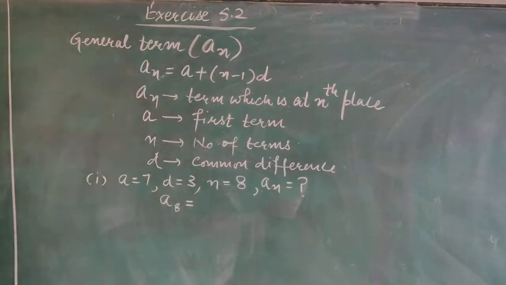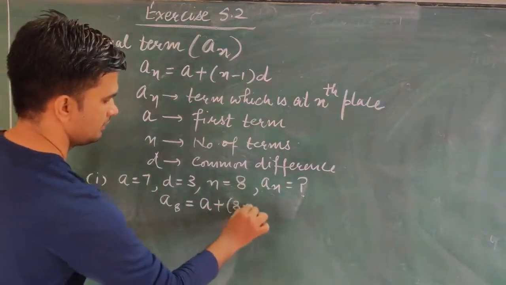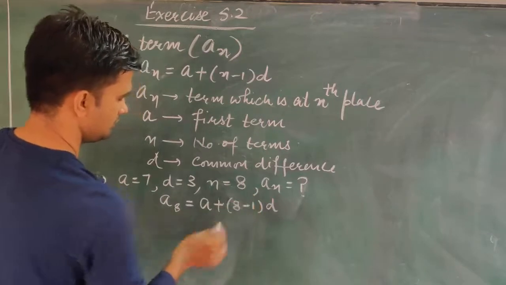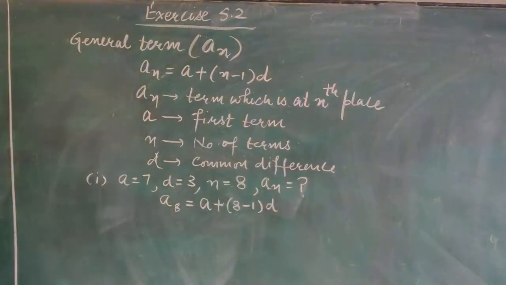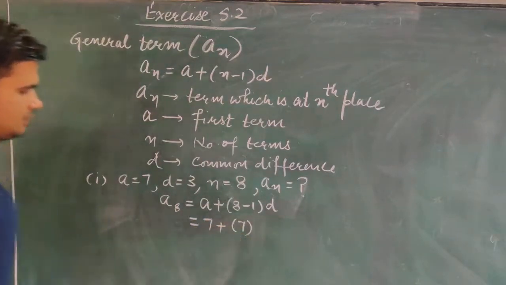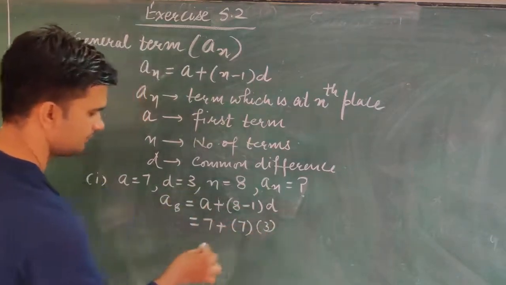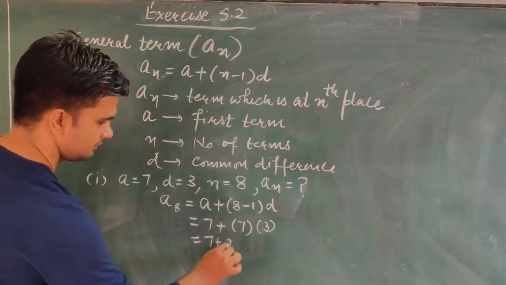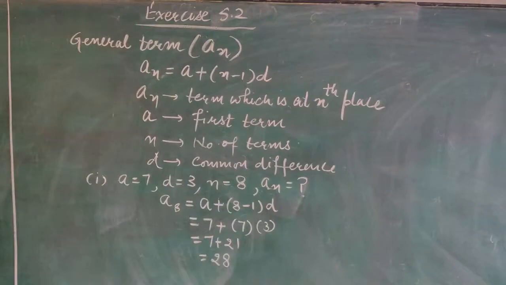It means A8 is equal to A plus 8 minus 1 into D. A is 7, 8 minus 1 is 7, D is 3, so it is 7 plus 21, equal to 28. So the term which is at 8th place is 28.